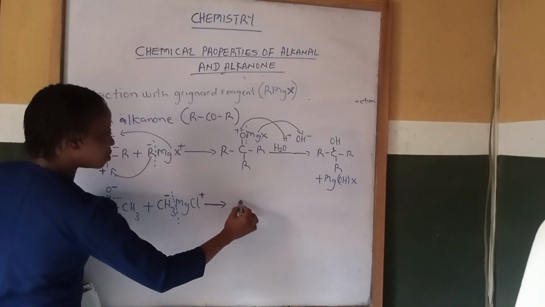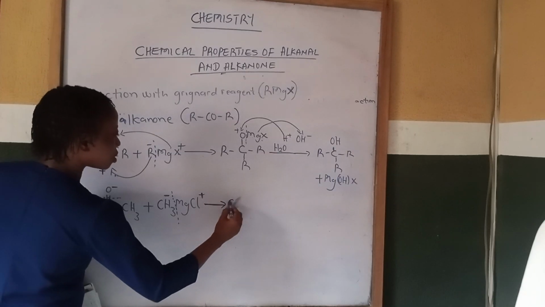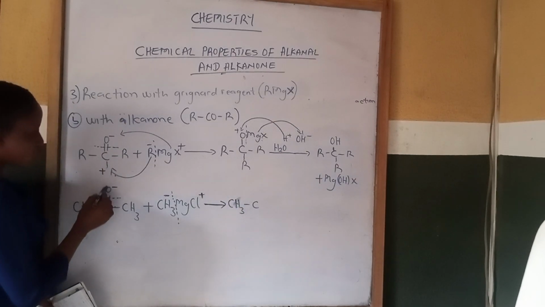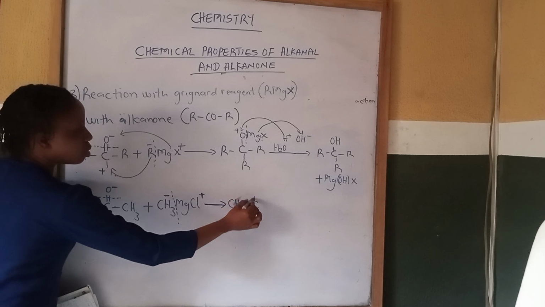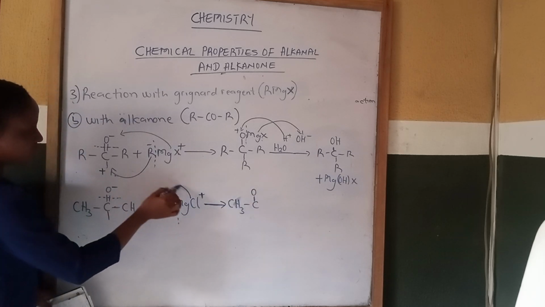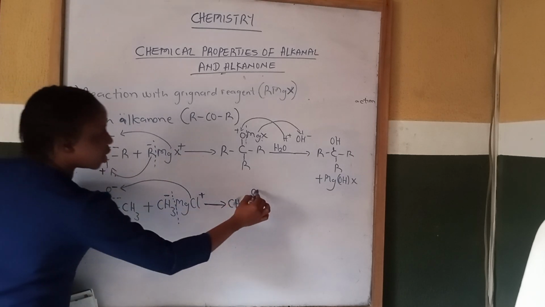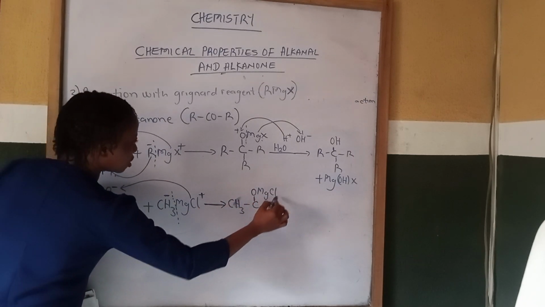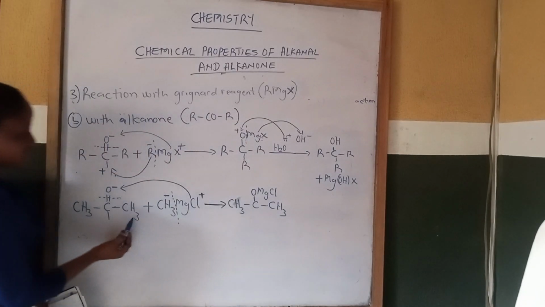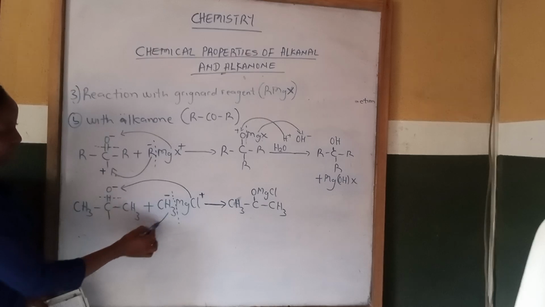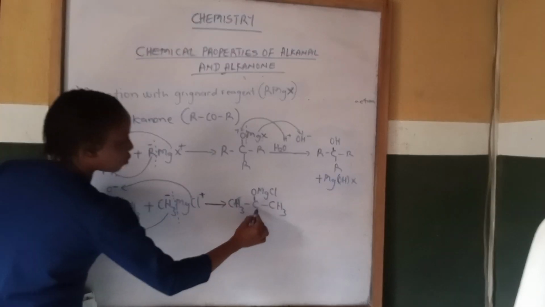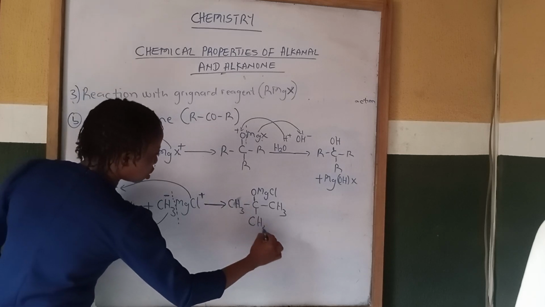Our products will now be CH3, C, with one bond remaining to oxygen, which is negative. Then MgCl will come here, followed by your CH3 at this side. The methyl group, that is the alkyl group, will come here because this is positive. So your CH3 will come here.